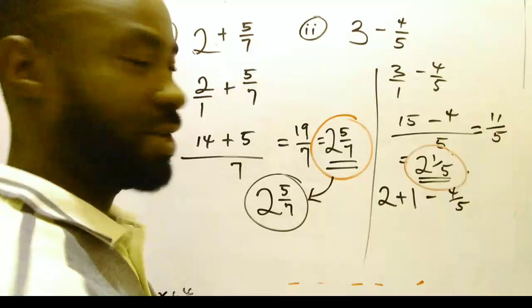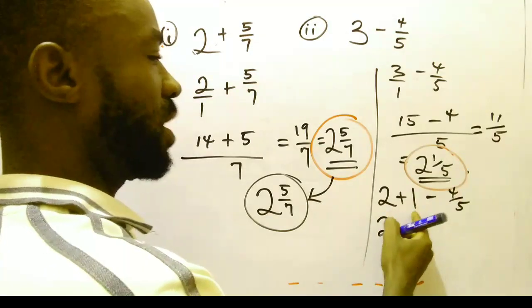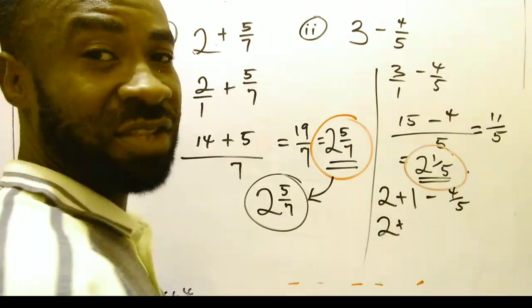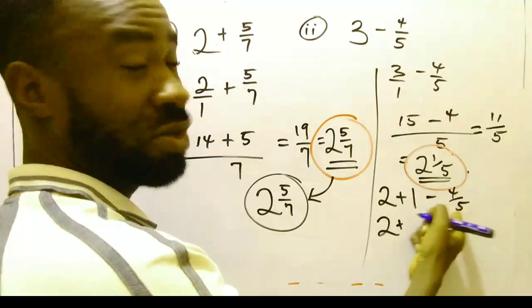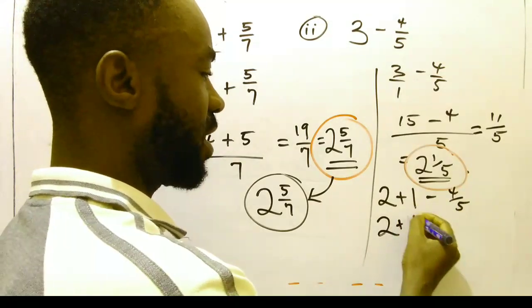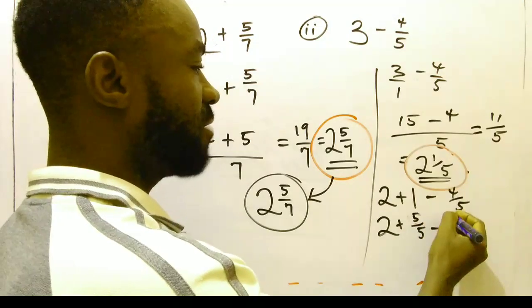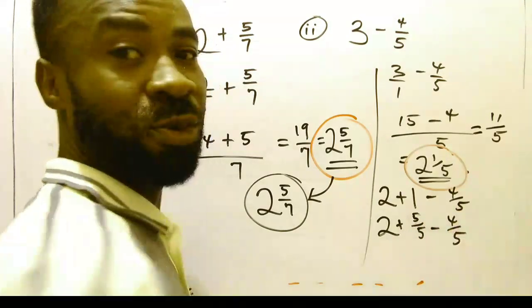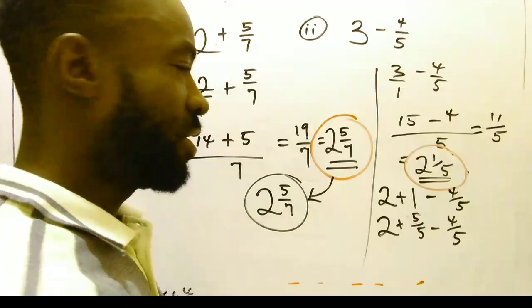Can you see that? Now, this one, I can use an equivalent fraction. Since my denominator is 5, I can write this as 5 over 5, because 5 over 5 still means 1. You understand? Good.